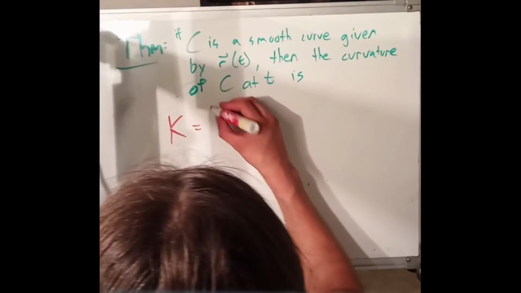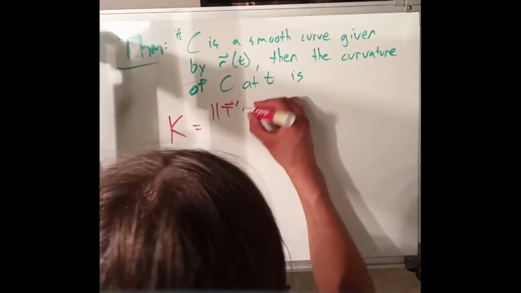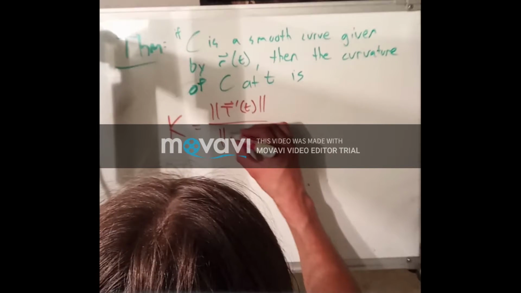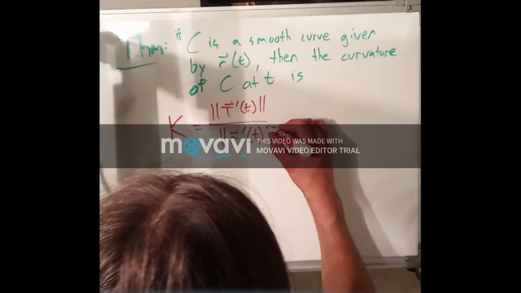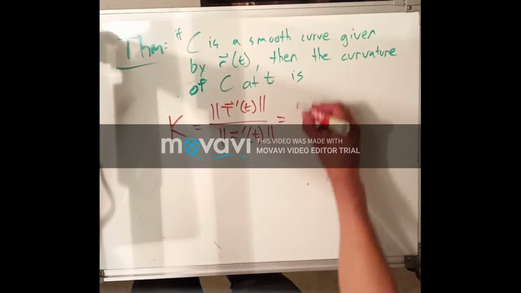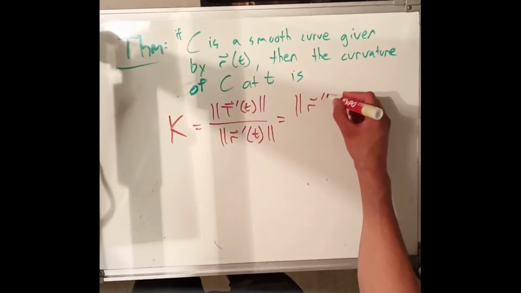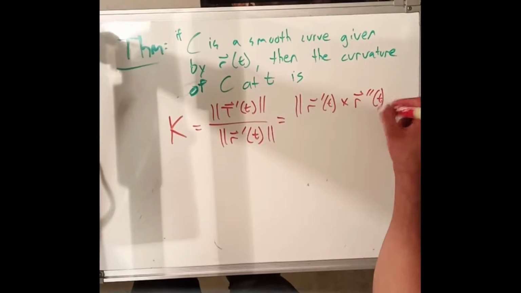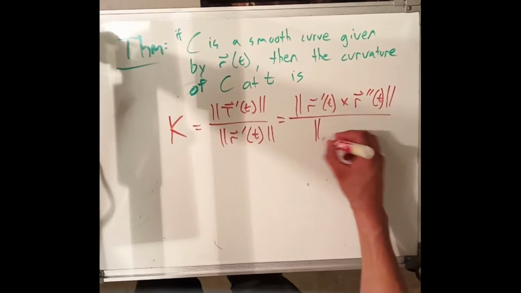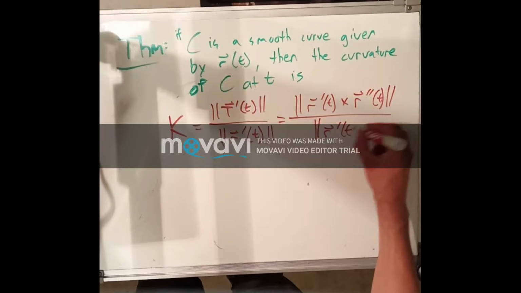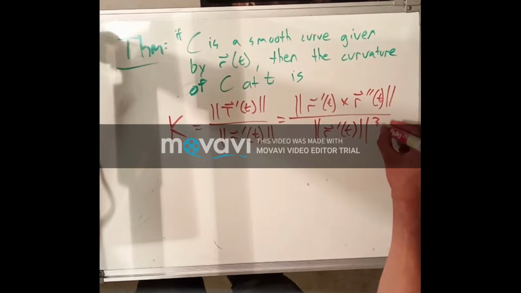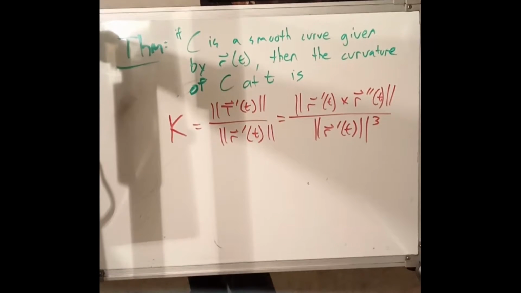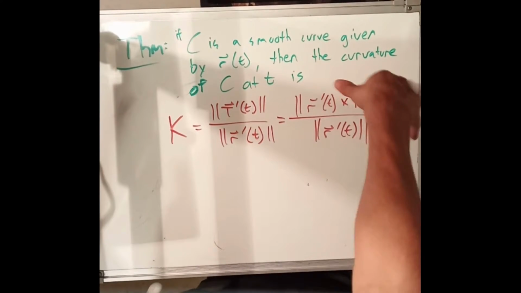K, the curvature, is equal to the norm of the first derivative of the tangent vector with respect to t divided by the norm of r prime of t. This also equals the norm of r prime of t cross r double prime of t over the norm of r prime of t, cubed. This is a scalar value. The cross product of two vectors is a vector, but when normalized it is a scalar.